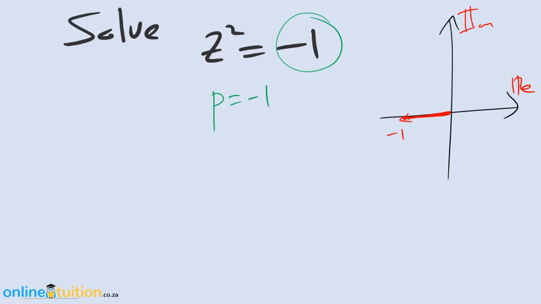It tells you straight away the principal value, arg z, remember, is pi. Or arg p in this case, not z, arg p, capital A. Let's get this right. Arg p is pi. But we know that if we keep adding 360, we're going to keep coming back.